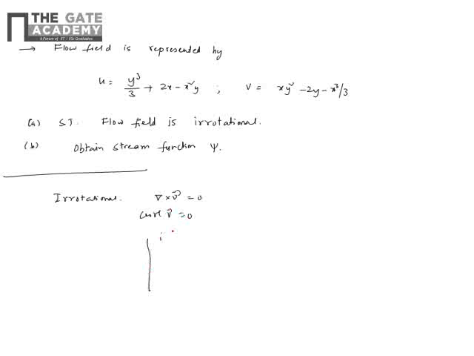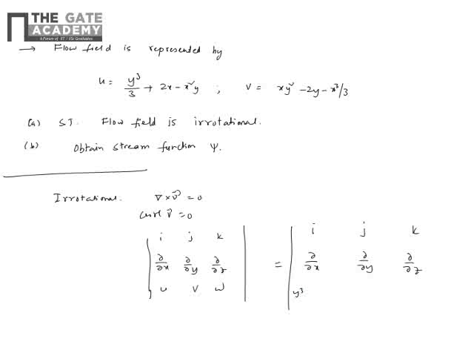Curl, the best way I would suggest is just write i, j, k, dou by dou x, dou by dou y, dou by dou z, and put u, v, w. So in this case, i, j, k, dou by dou x, dou by dou y, dou by dou z, u is already given, y cube by 3 plus 2x minus x square y, v is already given, xy square minus 2y minus x cube by 3, and w is 0.